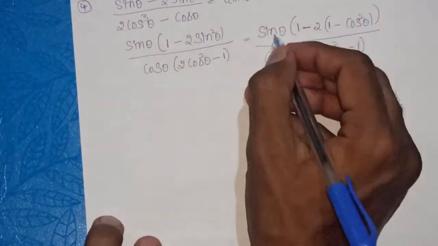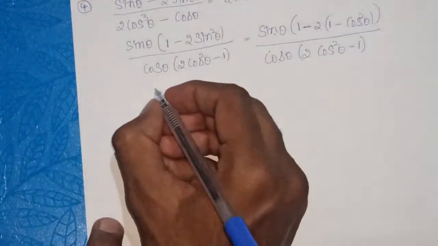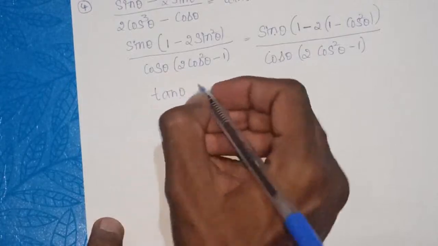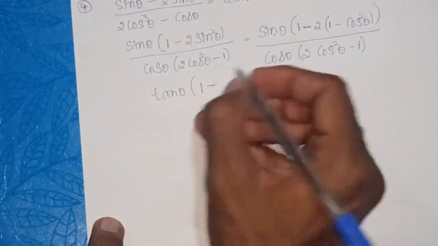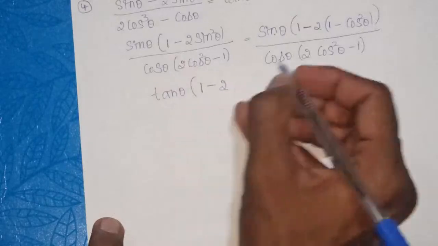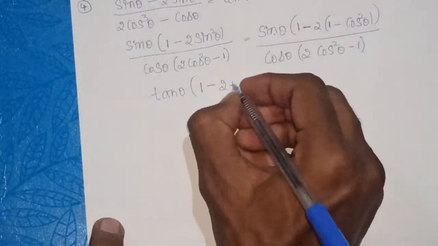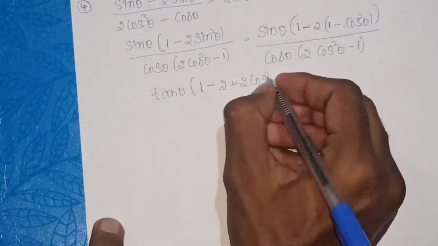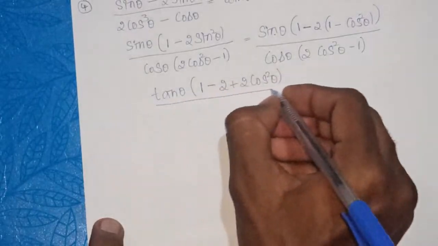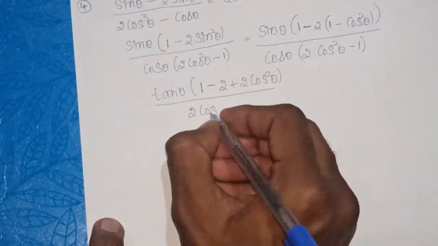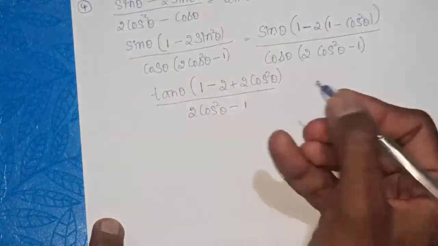So here sin theta by cos theta can be written as tan theta into 1 minus of 2 ones are 2 and plus 2 cos square theta divided by 2 cos square theta minus 1.